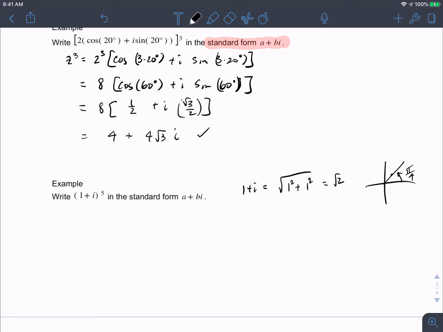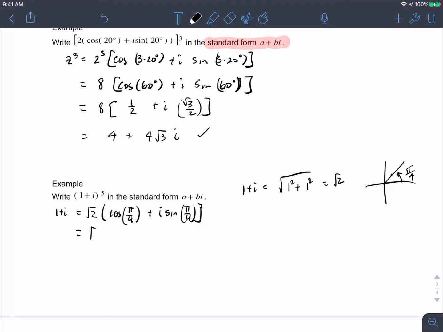So now that we have that, we have some information that we're going to be able to use. So 1 plus i is radical 2 cosine of pi over 4 plus i sine of pi over 4.